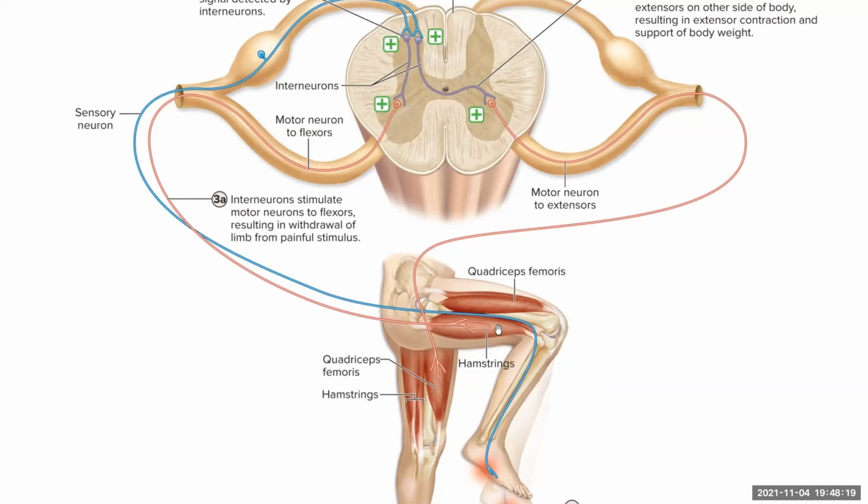So the hamstring muscles, our flexors, can work and not be impeded by anything. So we can pull away from that painful stimulus as quickly as possible. I know it's not here on the diagram, but keep in mind there is an alpha motor neuron going to our quadriceps muscle group, and that muscle group would be inhibited.